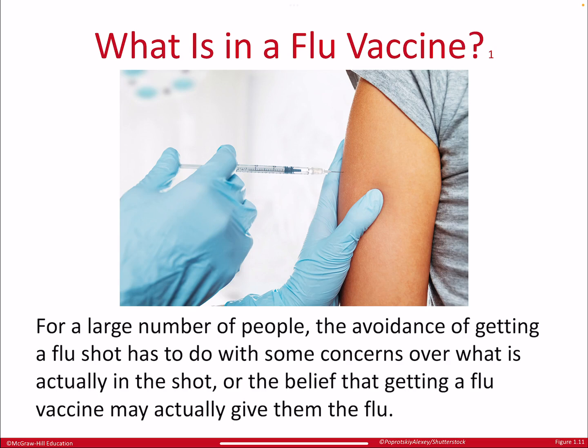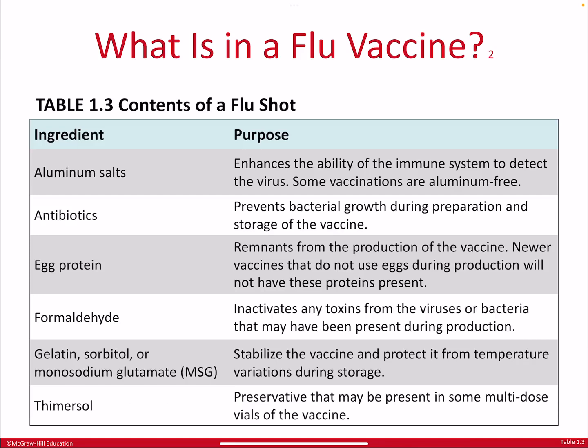Well, every year we hear about the flu vaccine, and what's in a flu vaccine? Well, there's salts, which enhances the ability of the immune system to detect the virus. Antibiotics, which prevents the bacterial growth during preparation of the vaccine. Egg protein.